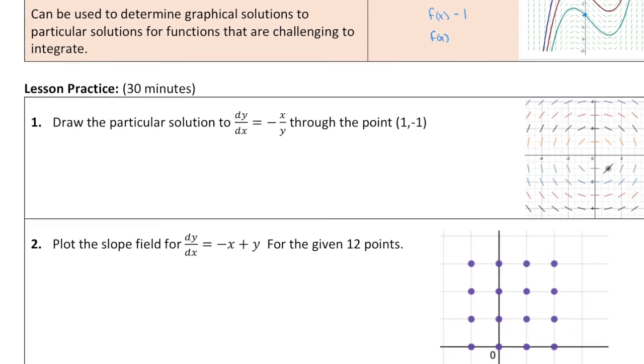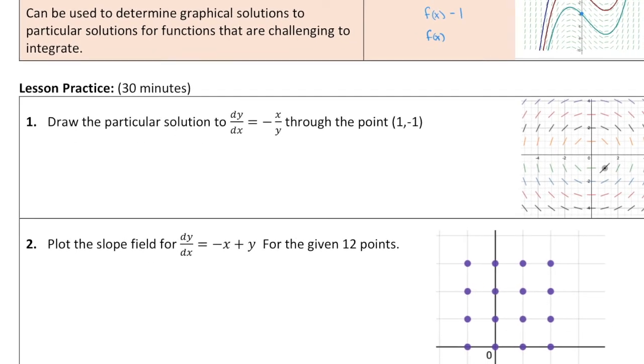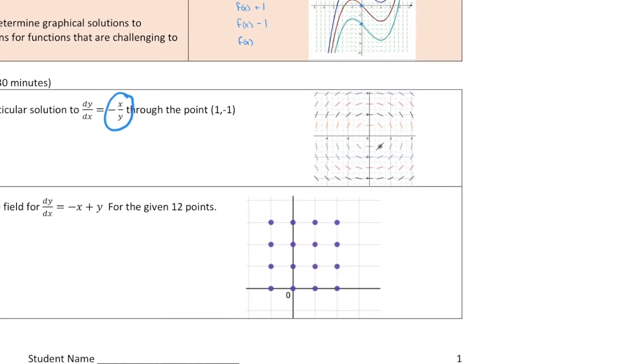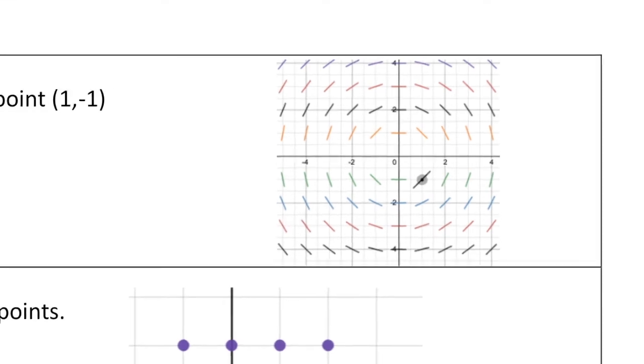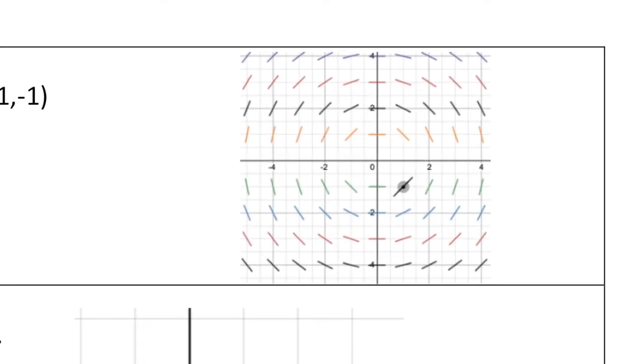Now, for example, for number 1, I'm giving you the slope dy/dx is negative x over y. So you can have a function that mixes the x and y values. We want to draw the particular solution through (1, -1). Always check that you have the correct units when you're graphing.